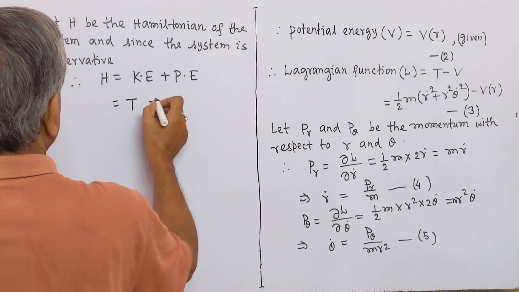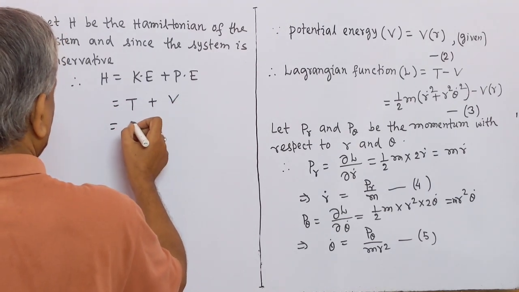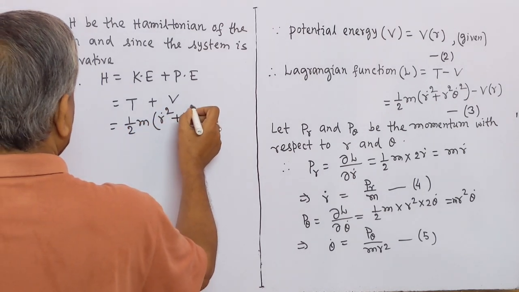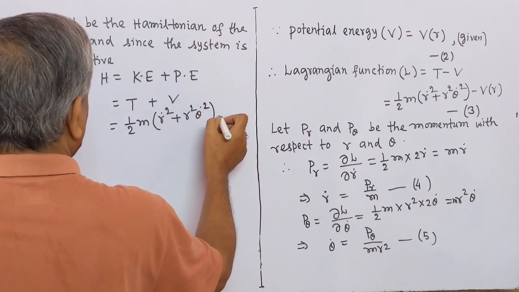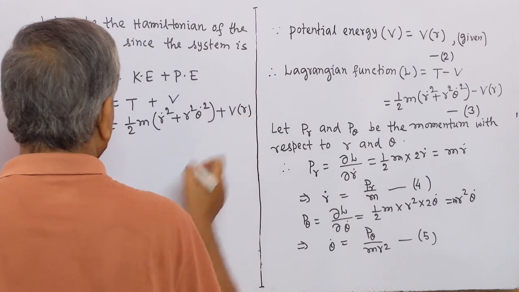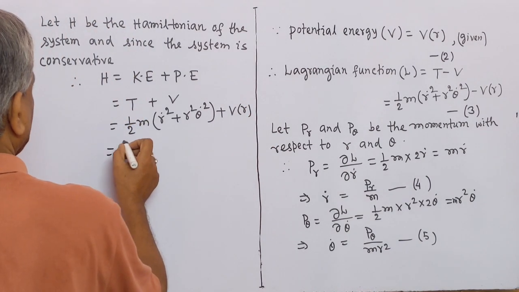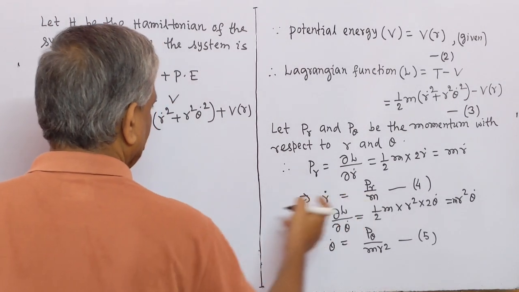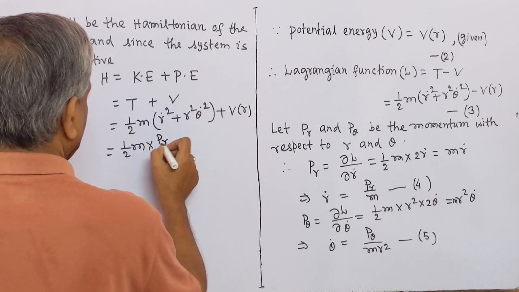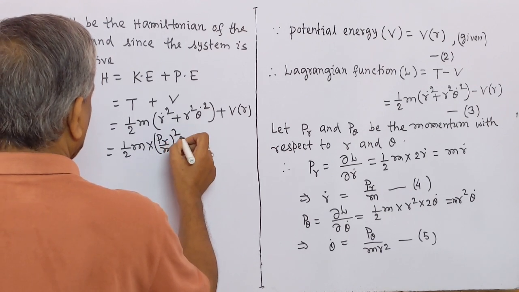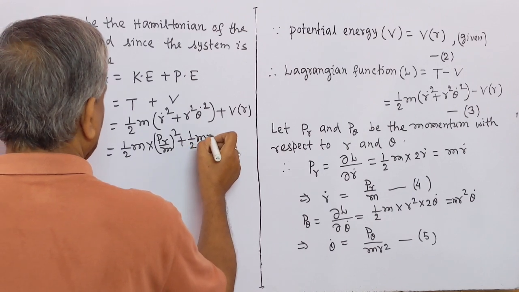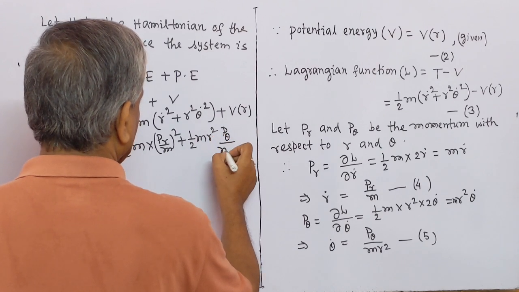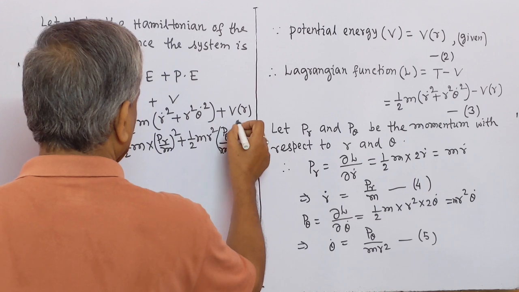This equals T plus V. T is half m (r dot square plus r square theta dot square) plus V, a function of r, and this will be equal to half m (Pr by m) whole square plus half m r square (p theta by m r square) whole square plus V(r).